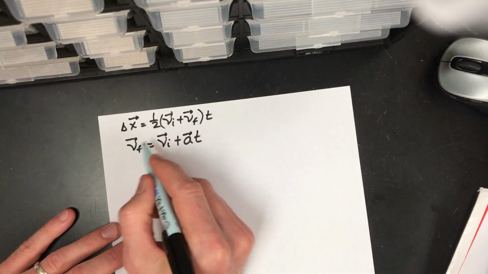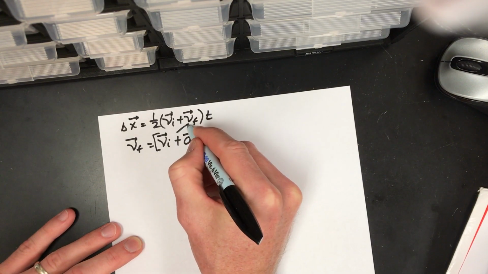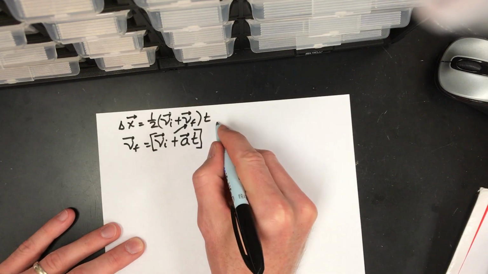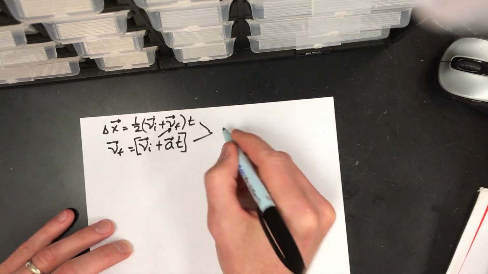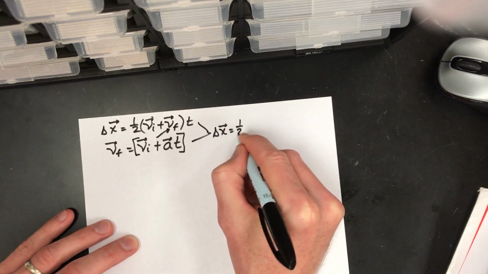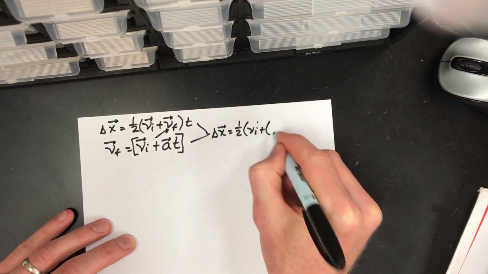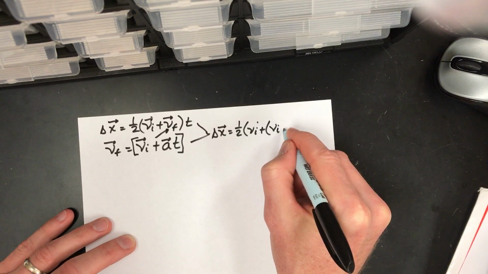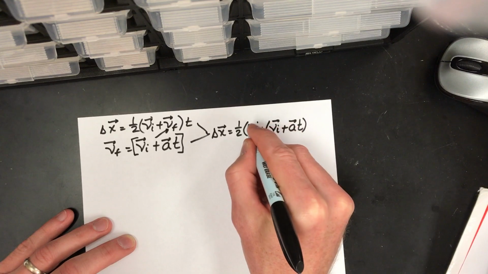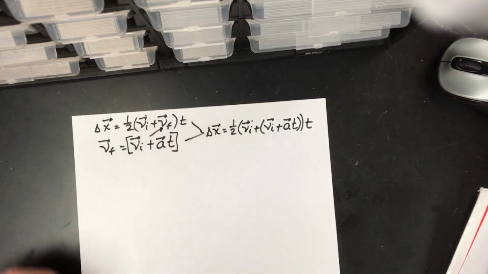All right, so we have Vf here. If we substitute this quantity in for that Vf right there, then we end up with this. So I'll bring these together, and we'll have delta x equals 1/2 Vi plus Vi plus at, times t.